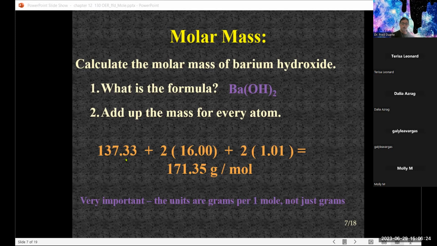137.33. When we deal with these atomic weights, please use the periodic table that we've been using throughout the semester. Yes, there are a variety of different periodic tables, but use the atomic weights given there. This one's given to you in 2 decimal places.